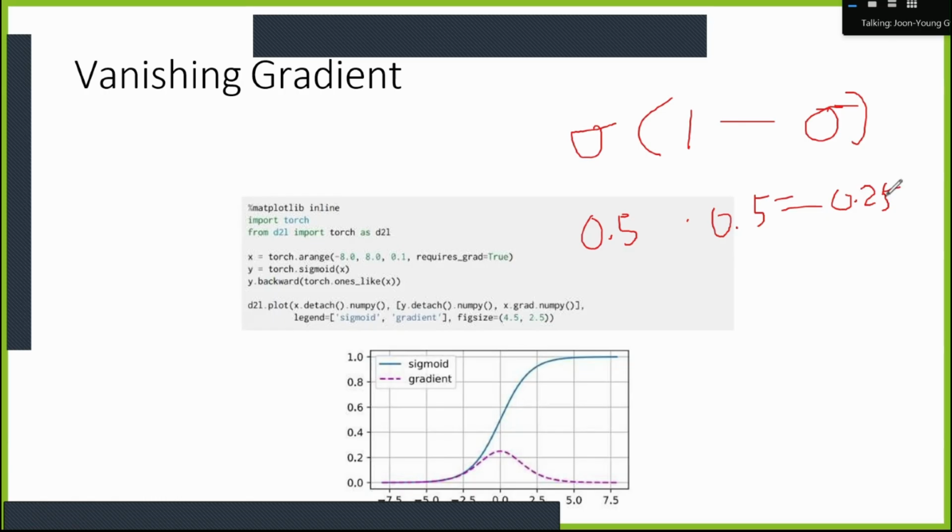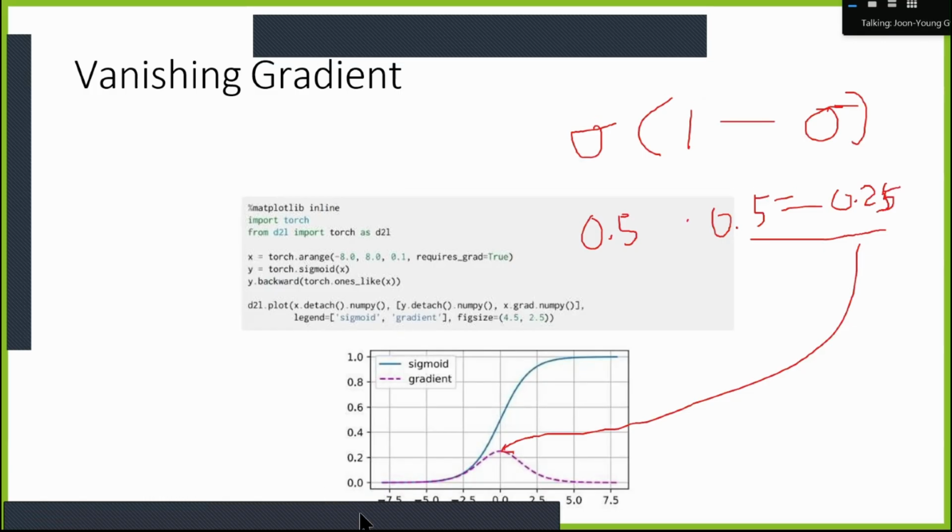This is the highest possible gradient, which corresponds to here. So naturally, as the sigmoid gets multiplied within the chain rule, it will lead to vanishing gradients.